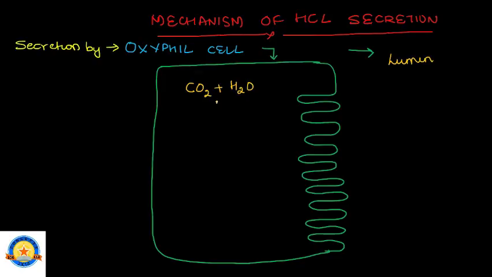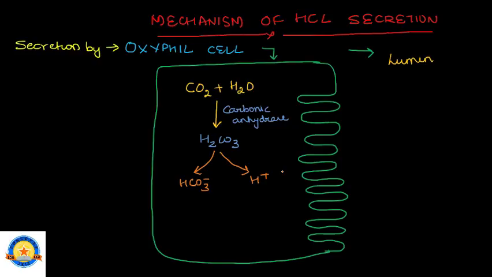These two combine in presence of an enzyme called carbonic anhydrase, and form a substance called H2CO3, carbonic acid. This will split up into a bicarbonate ion and an H positive ion: HCO3 negative and H positive.